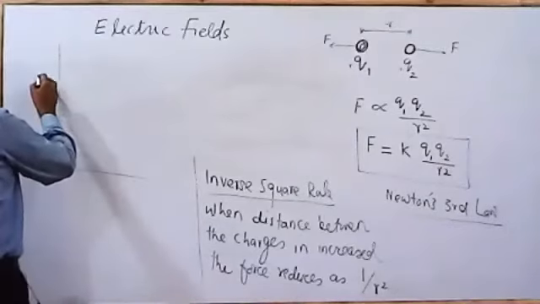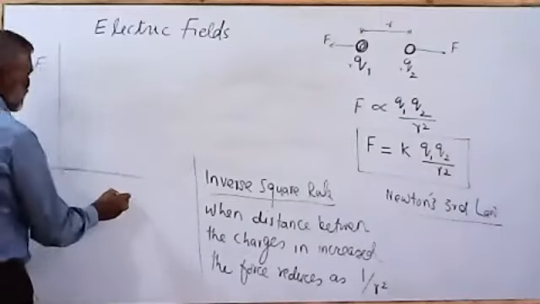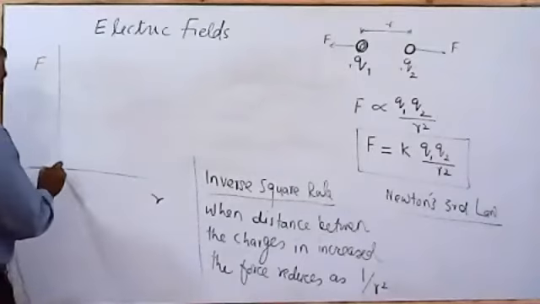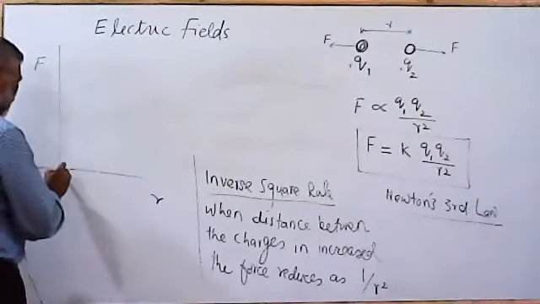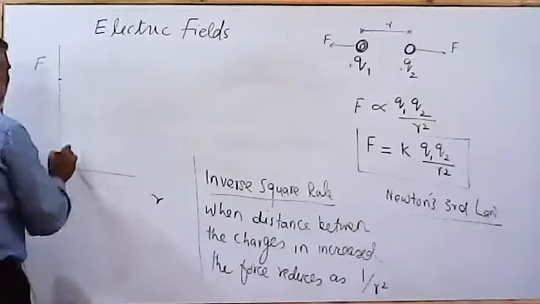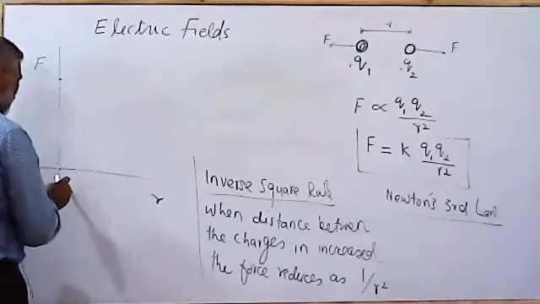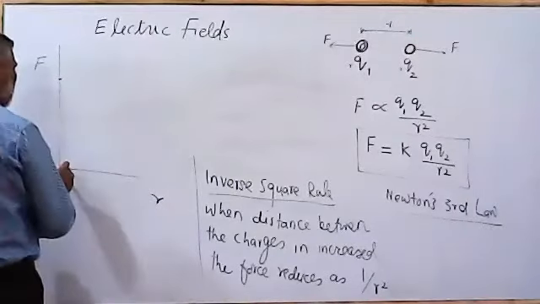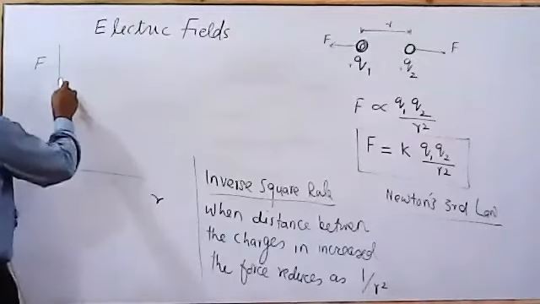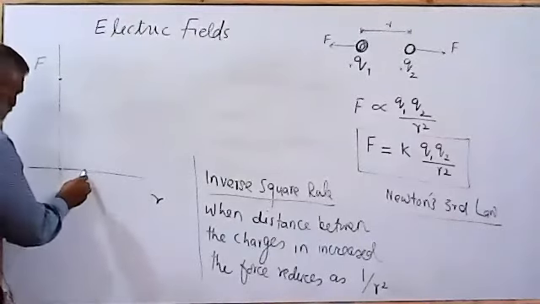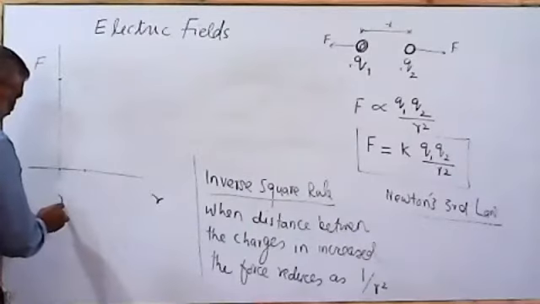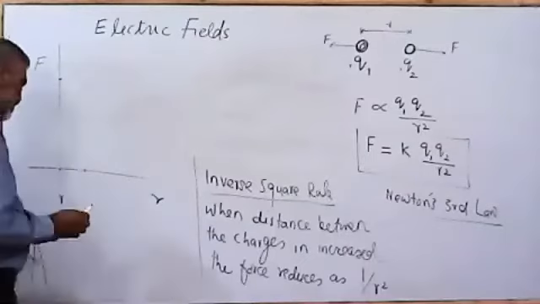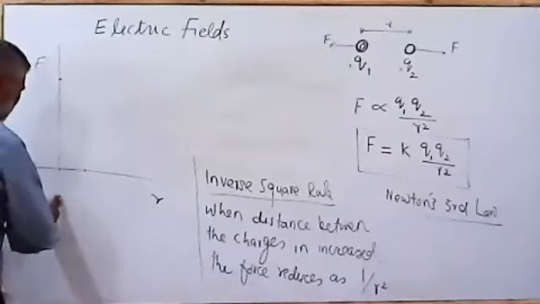If this is the force between the charges and this is the separation, let's say when they are at a distance r, this is the force that they exert on each other. I'm not taking it to 0 here because at 0 it will be infinitely large.